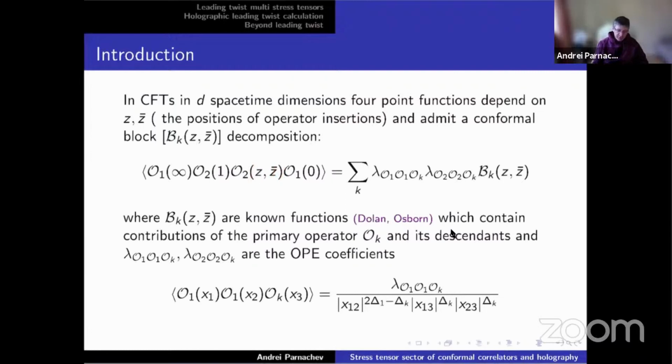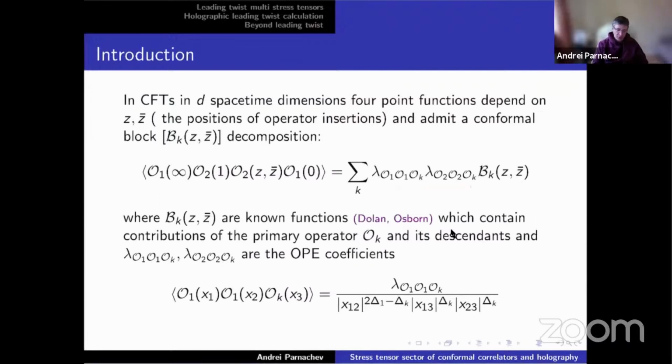And the correlator can be written in terms of conformal blocks, these G_k, which are known functions of z and z bar. And the coefficients which appear in front is a product of the OPE coefficients of operators O1, O1, and O_k, and operators O2, O2, and O_k.